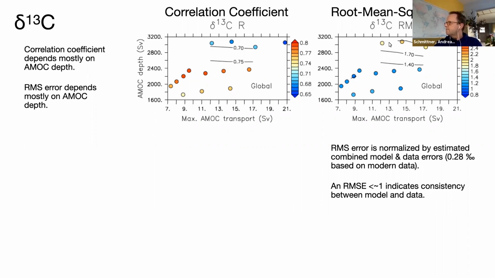But the deep AMOCs really have much larger errors that can then be excluded. So what we can say is that the C13 is really sensitive mostly to AMOC depth and not to AMOC strength.